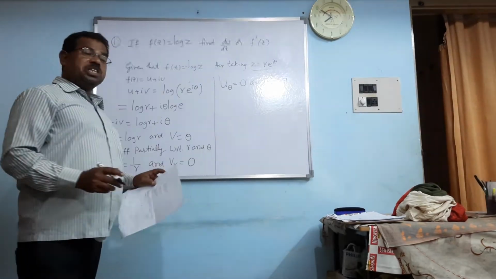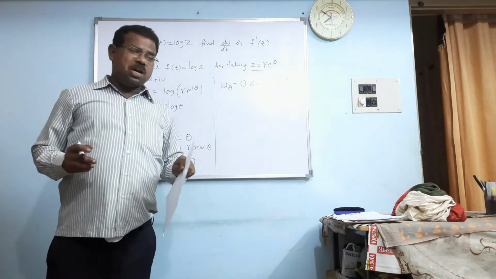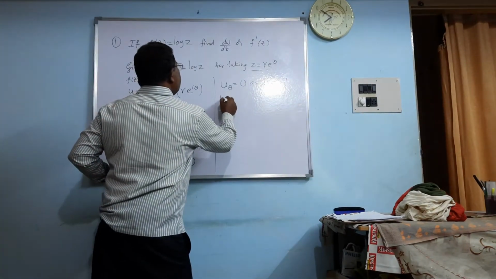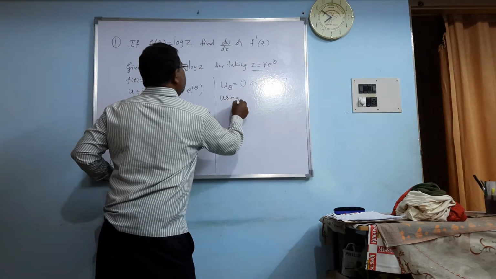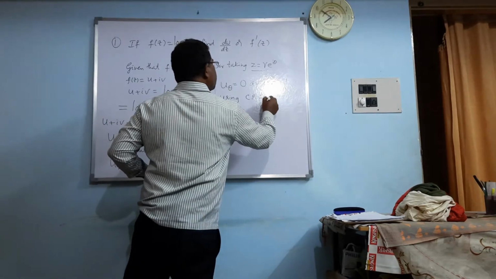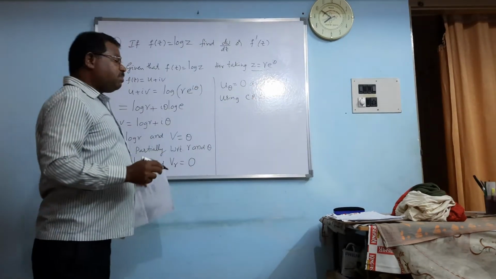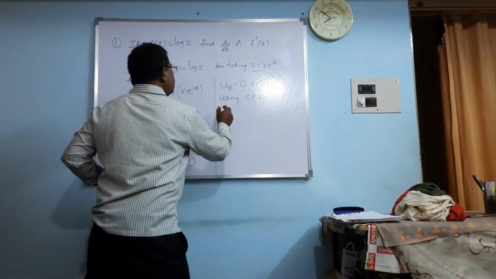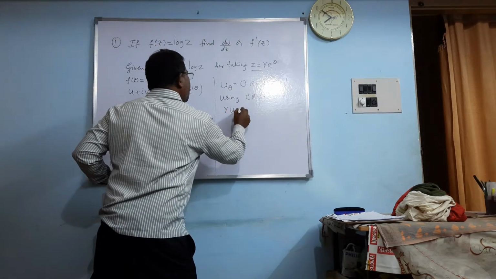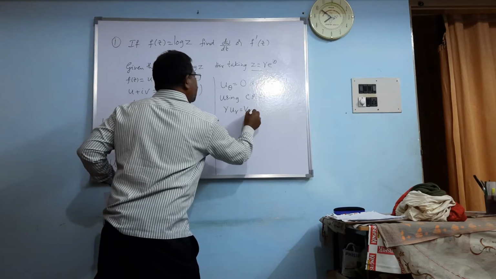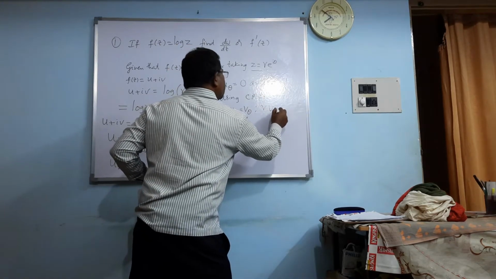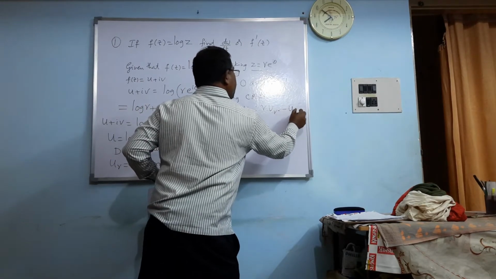Next, using the Cauchy-Riemann equations, CR means Cauchy-Riemann equation formulas. We already discussed them in the last class: r u r is equal to v theta, and r v r is equal to minus u theta.